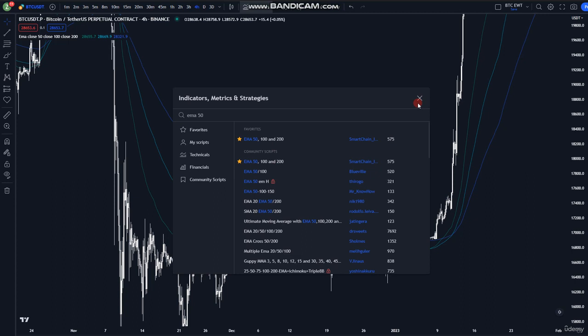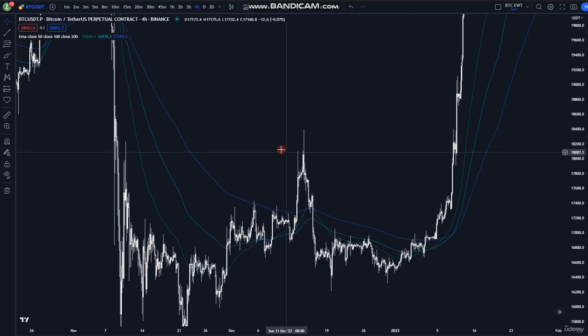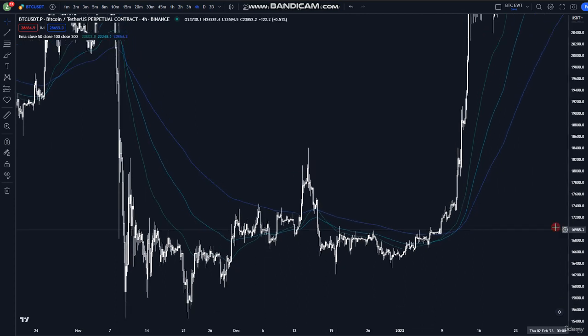If you click on that, it will bring up three different exponential moving averages, one for the 50 period, one for the 100, one for the 200. What these do is basically show a running average of price, so you've got 200 on the 4 hour, so that's the average of the last 200 4-hour bars, and it gives you a moving average over time.